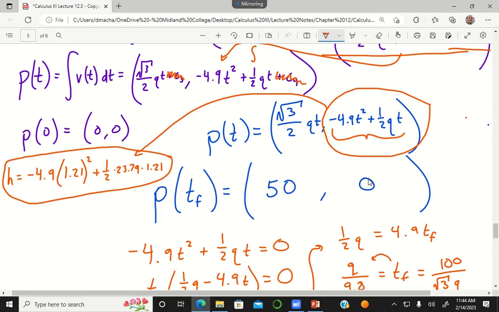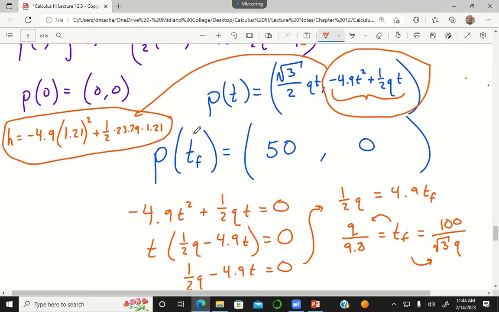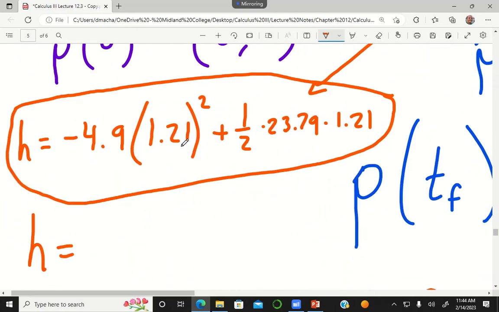So finally, using the y component of my position function, plugging in 1.21 for the time and 23.79 for the initial speed, somebody help me with your calculator and tell me what is that height at the apogee. Did you say 7.22?